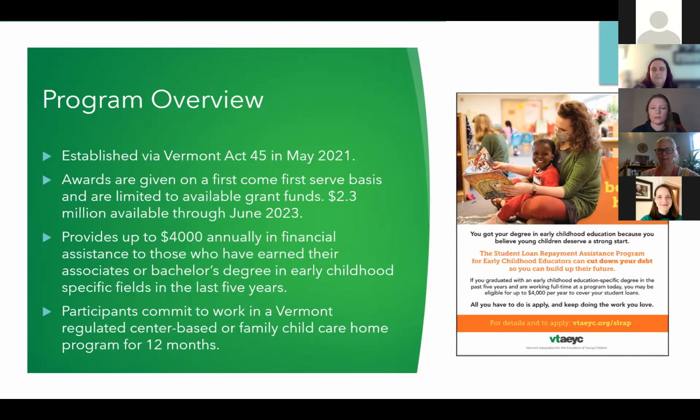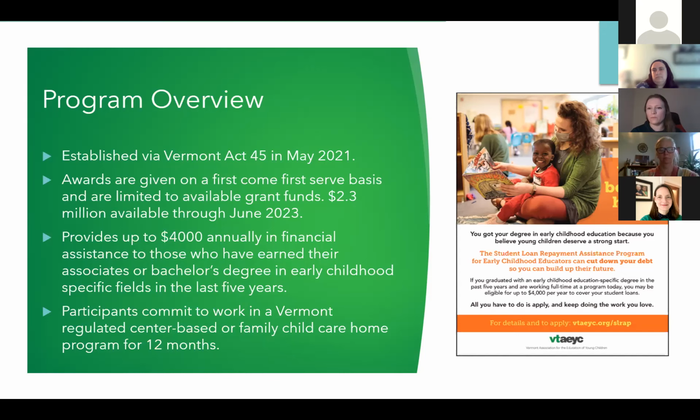It can provide up to $4,000 in financial assistance to those that have earned their associate's or bachelor's degree in early childhood specific fields within the last 5 years. So we're talking about since January 1st, 2017, currently for this program. Participants do have to commit to working in a Vermont regulated center-based or family child care home program for 12 months after their award date.